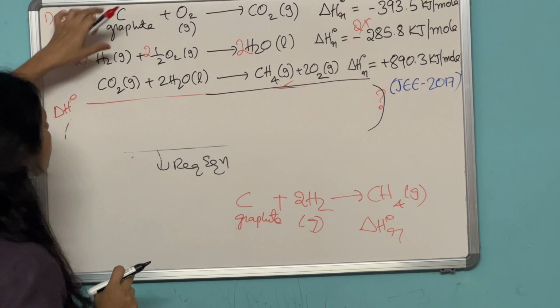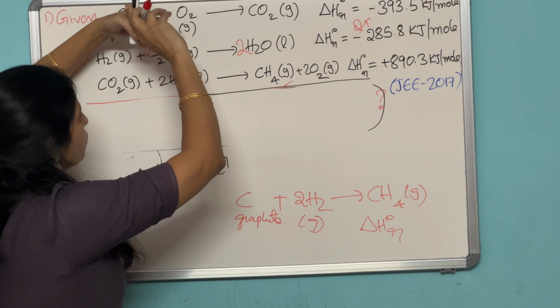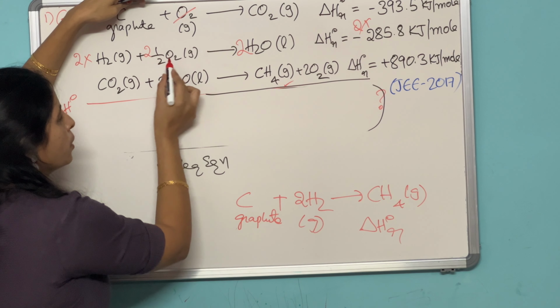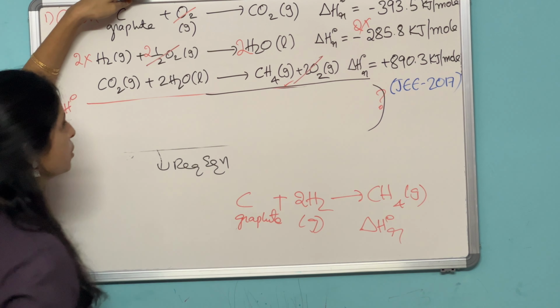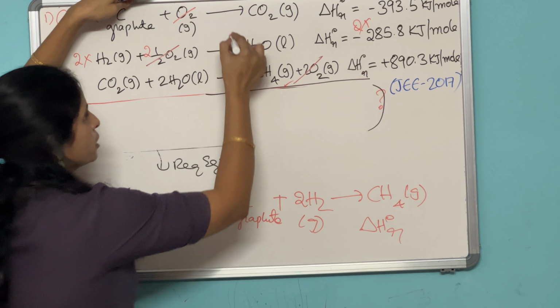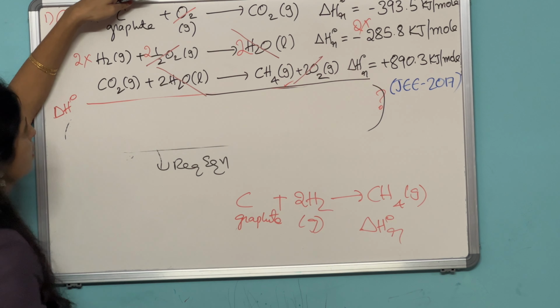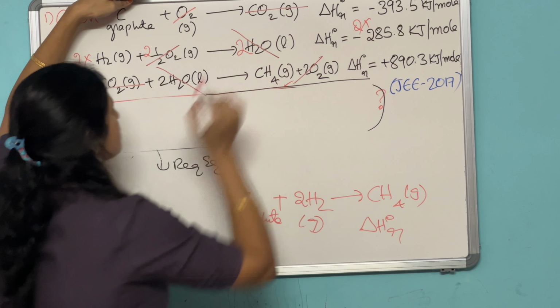So here O2, first 1 O2, here 2 by 2 O2, 1 O2. Altogether 2 O2 they get cancelled. 2H2O liquid, 2H2O liquid, they got cancelled. And here 2 CO2 gas, CO2 gas.